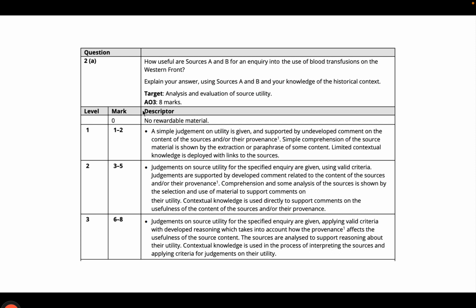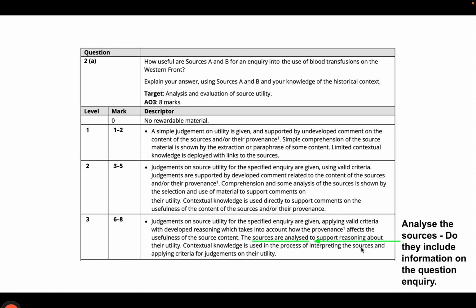Now, in the mark scheme, it asks us to look at a number of things, especially in that level 3 response. The first one is that you need to analyze these sources and see if they include information on the inquiry question. If they don't tell you anything about the focus of the question, then obviously they're not useful.